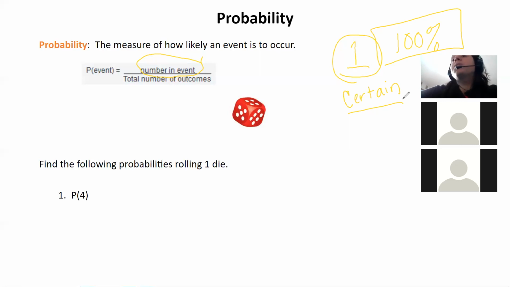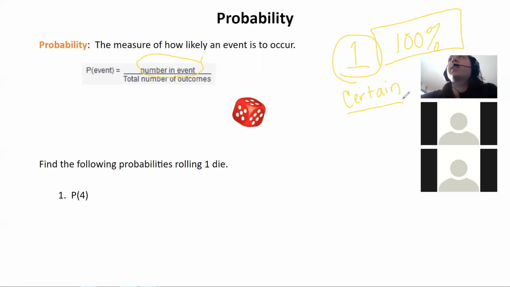There was 100% chance you were born and not hatched from an egg, because that doesn't happen with humans. Good. What else? That you will breathe. Yeah. There is 100% chance that you need to breathe. Very good.